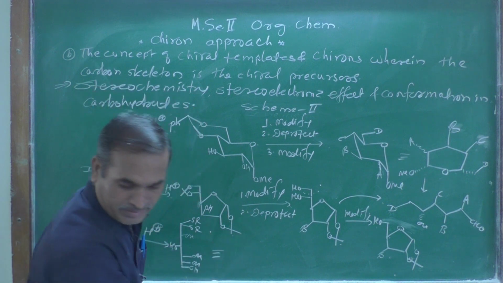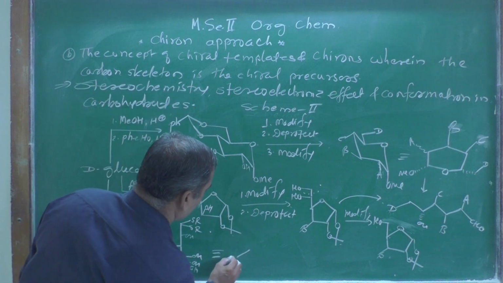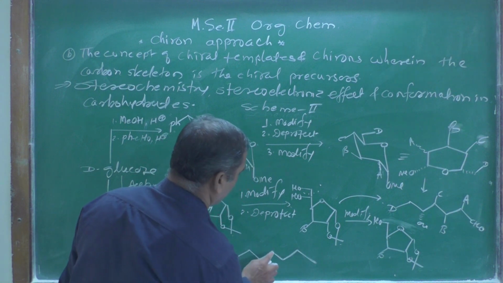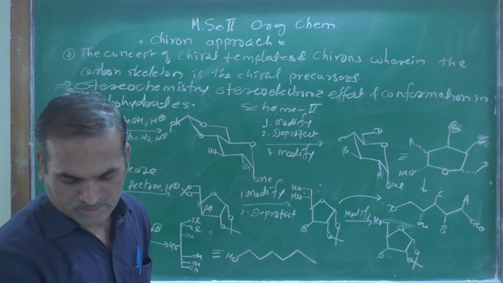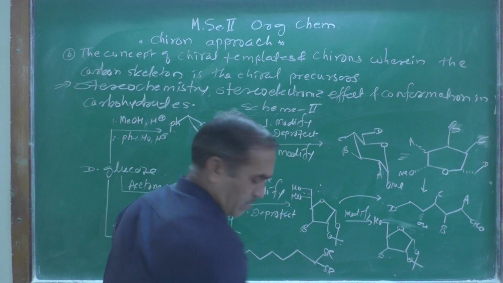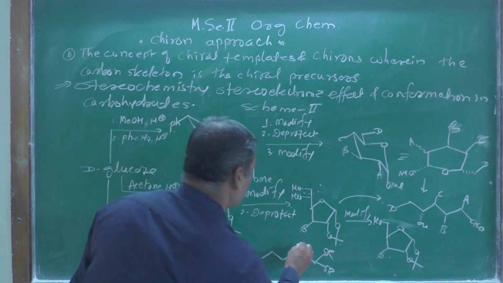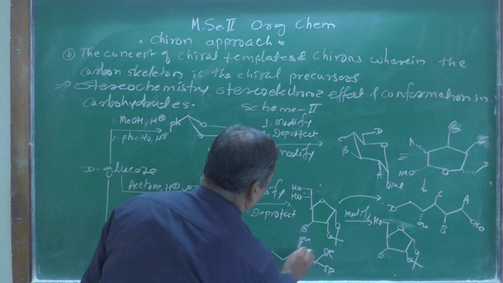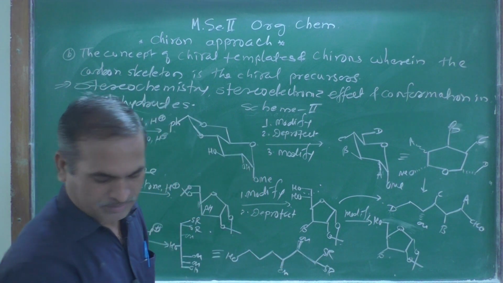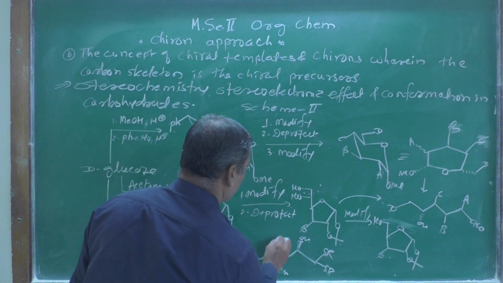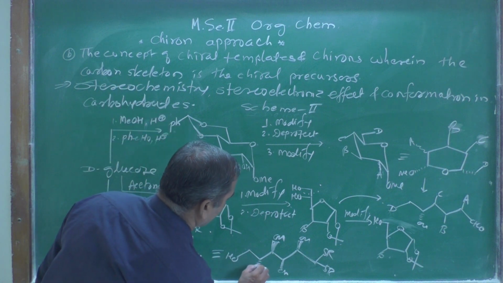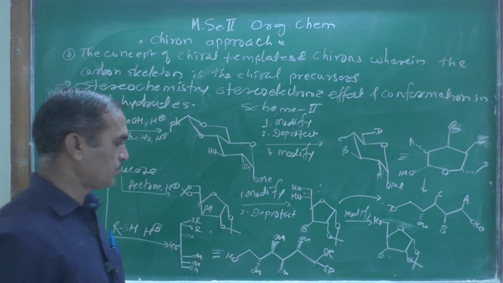So here HO 2 3 4 5 6, 1 2 3 4 5 6, maybe here SR, this one is SR, and here this is an OH group, here also an OH group, and this will also be an OH group. In a previous scheme also we have seen, and here one of the hydrogens goes below.